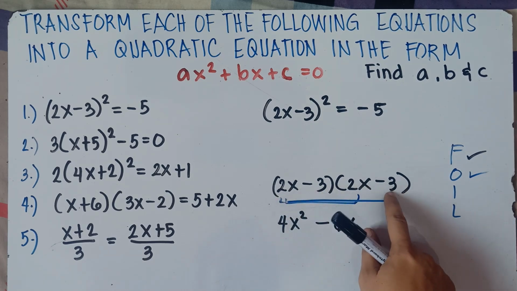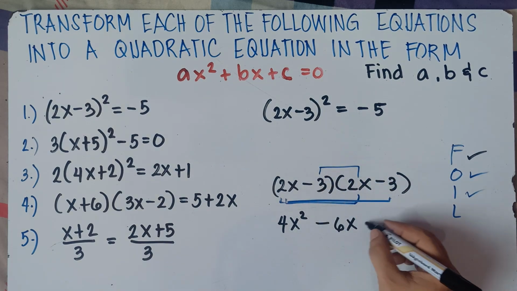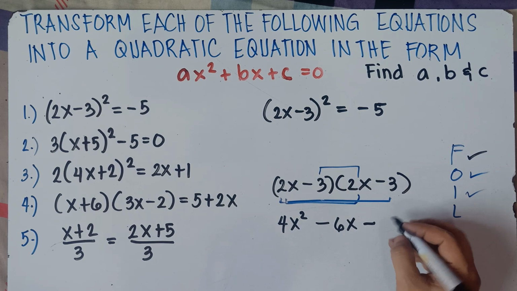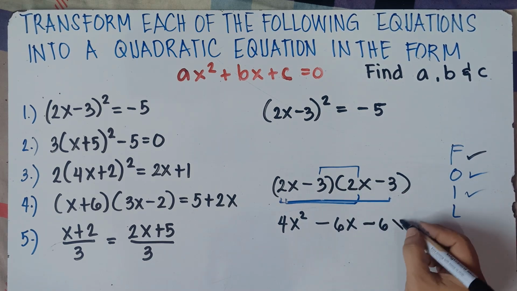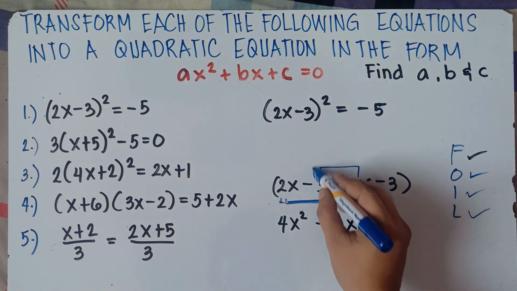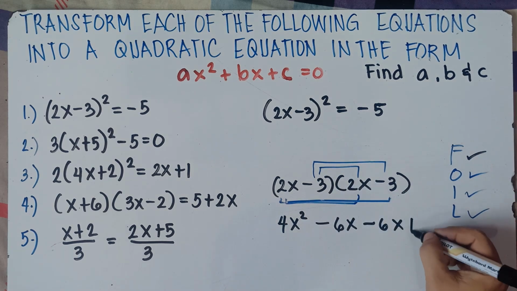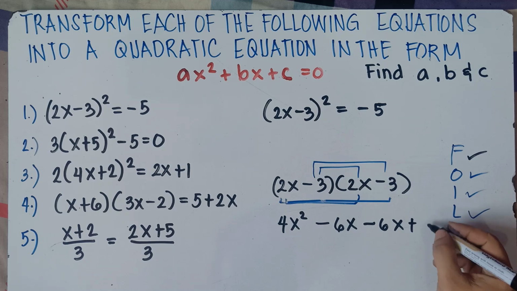So that would be negative 6x. Then inner: negative 3 times 2x, negative times positive is negative, 3 times 2 is 6, then copy x, negative 6x. Then last: negative 3 times negative 3, negative times negative is positive, 3 times 3 is 9.